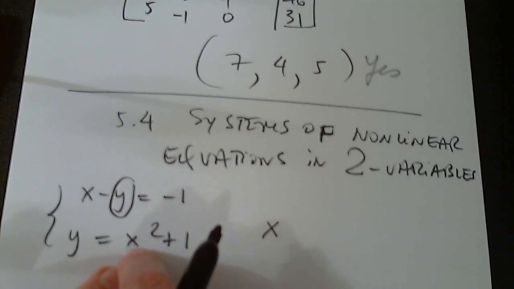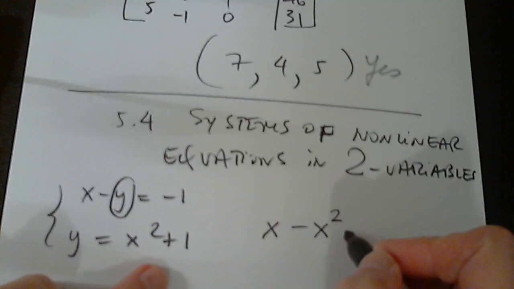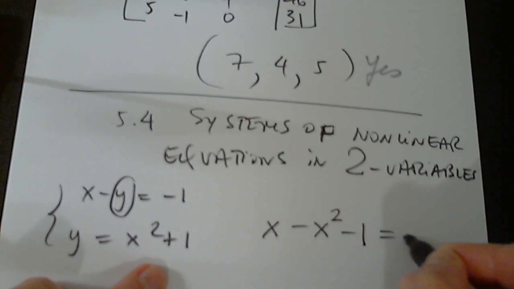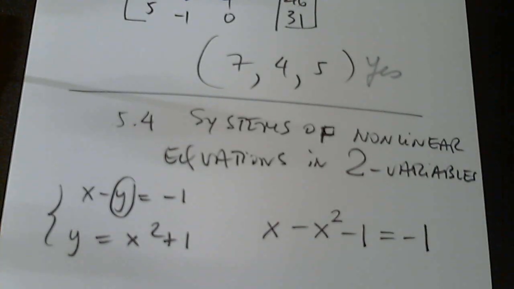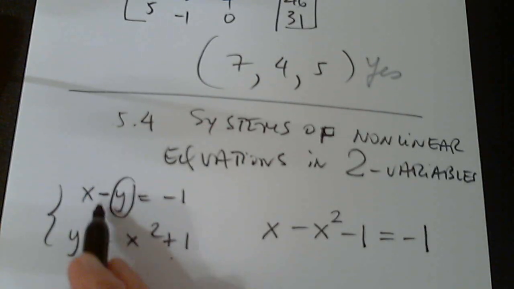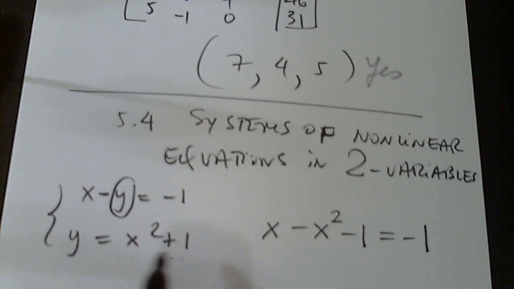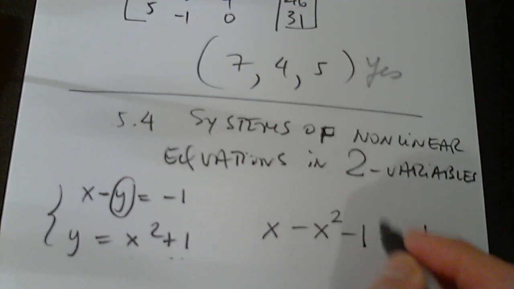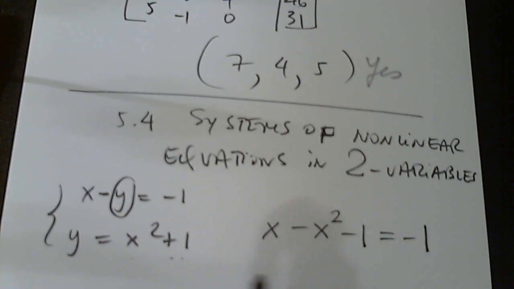So x minus x squared minus 1 equals -1. So this negative symbol has to be distributed. -1 has to be distributed to both terms. Or you write parentheses and then distribute. So x minus x squared minus 1 equals -1.